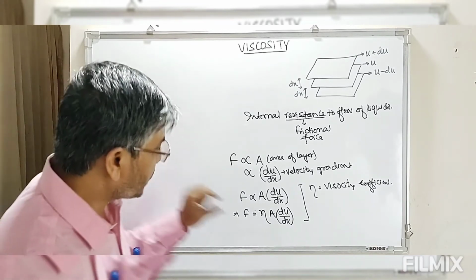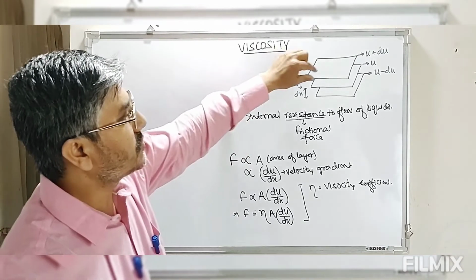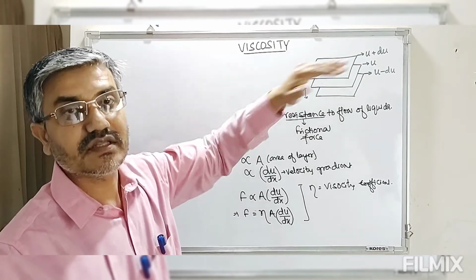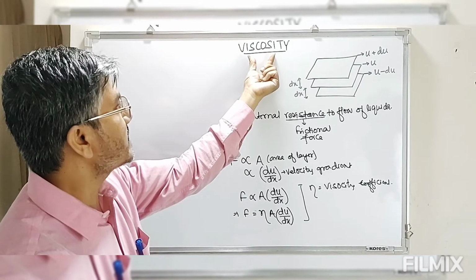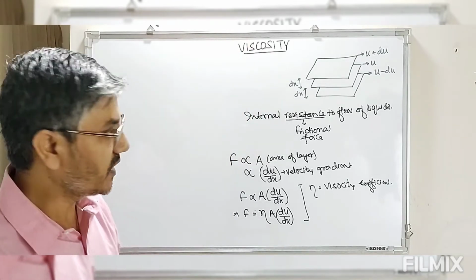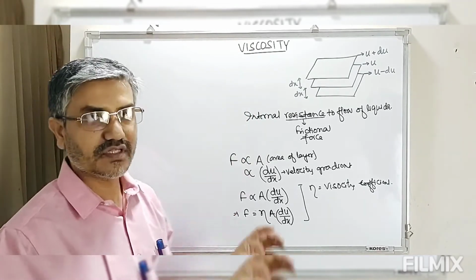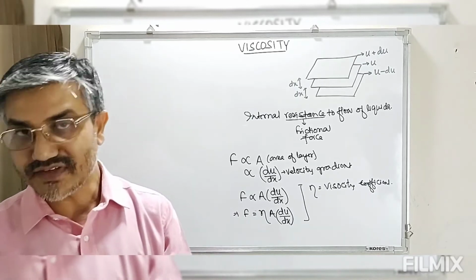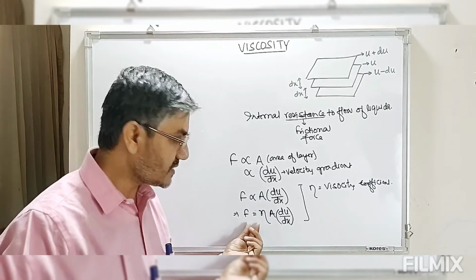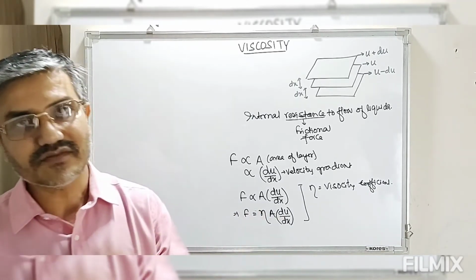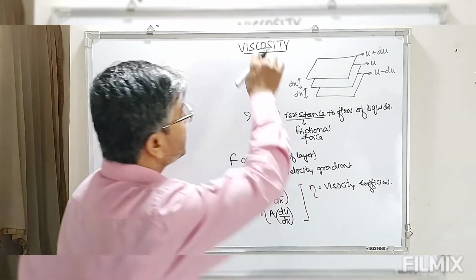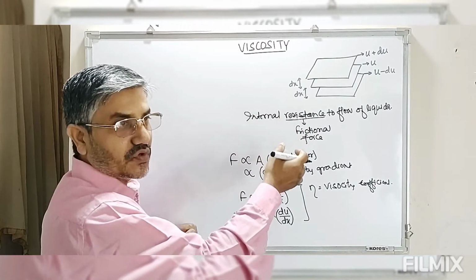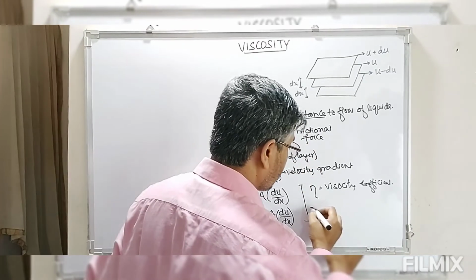So this is the frictional force which is acting between two adjacent layers during the flow of liquid, and this force is what we call as viscosity. If the internal resistance is more, then we say the liquid is more viscous. If the internal resistance is less, then the viscosity is less. And once we have this resistance to flow, we define another term known as fluidity.